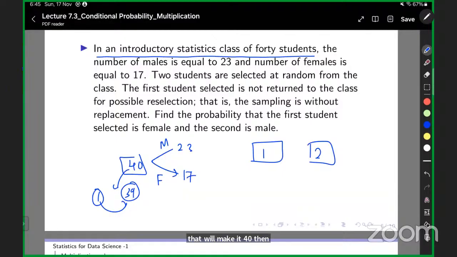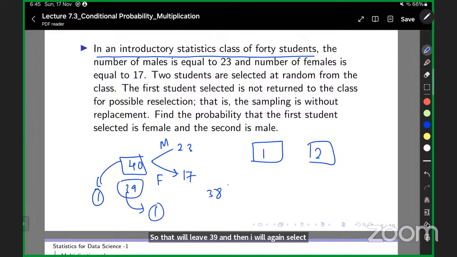Initially 40 were there, again it became 40. But that's not my target. My target is I should select one, so that will leave 39, and then I will again select one, so that will leave 38 in class, and two were selected, correct? Oh, okay, sir. Understood. So yes, that is without replacement. Okay, so when we do replacement, the initial number will not change.